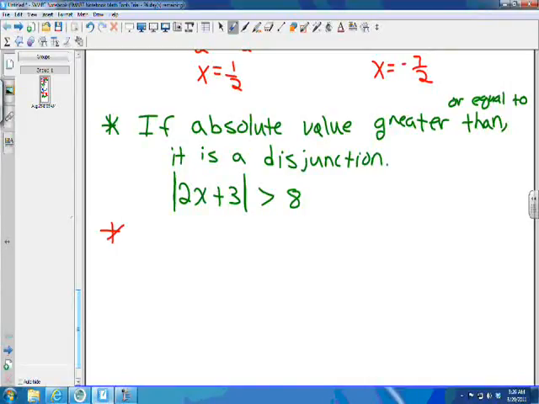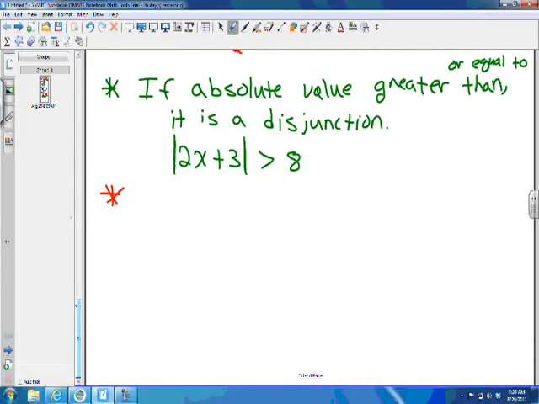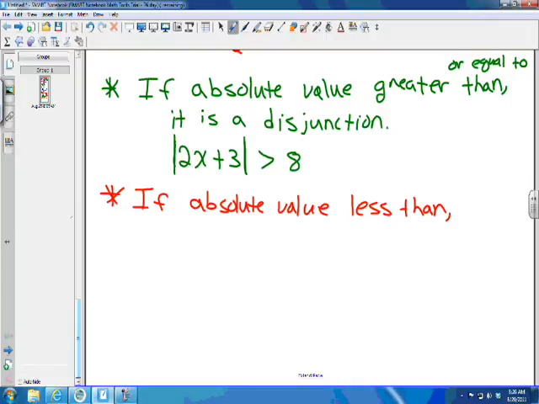So for the other one, it's going to be a conjunction. And same, it can be equal to. So if absolute value less than or equal to, it is a conjunction.